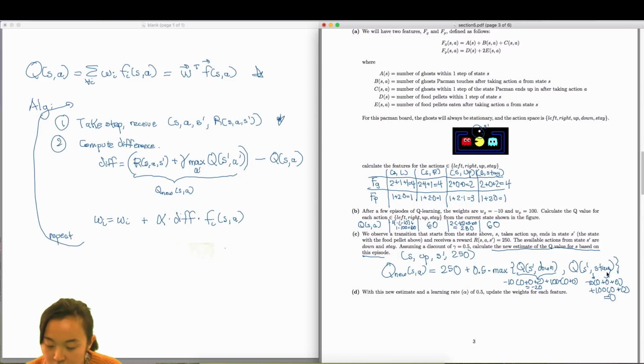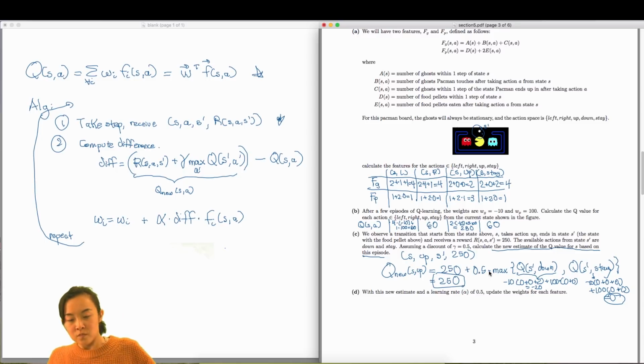So again, this is 0. And obviously the max of -20 and 0 is going to be 0. So this gives us that our new estimate for the Q value of the state and action is going to be 250. Oh, and by the way, this action is up.